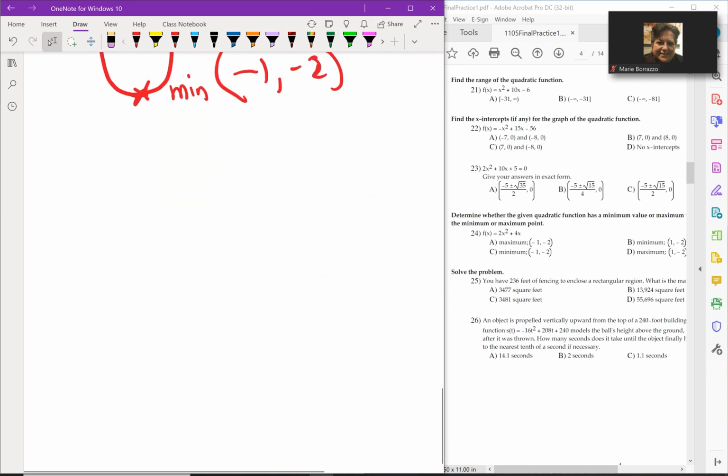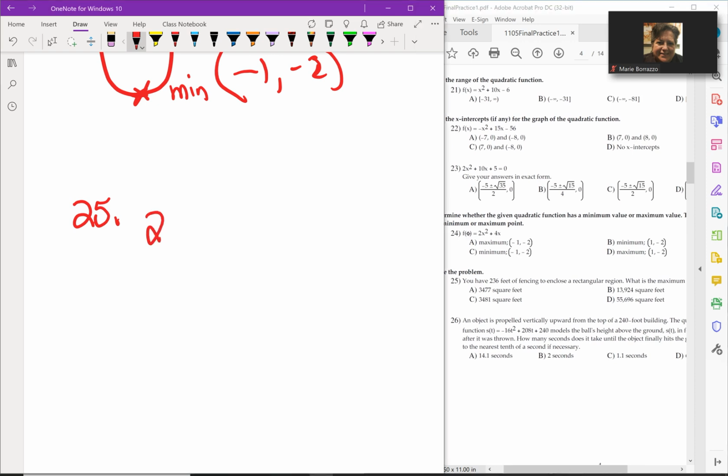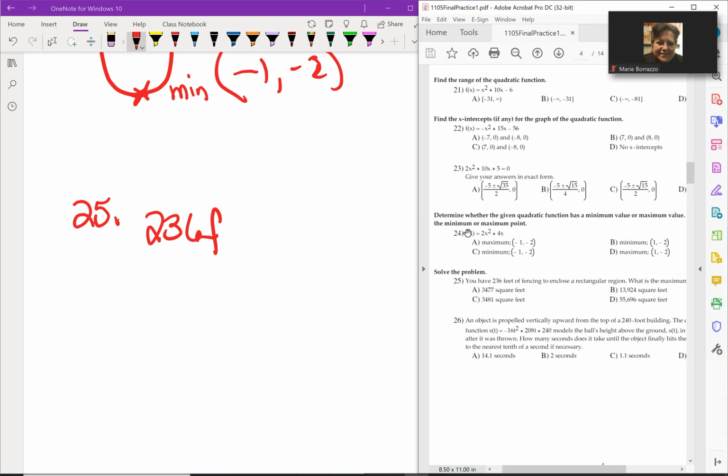Okay, number 25. And number 25, you have 236 feet to enclose a rectangular region. What is the maximum area?